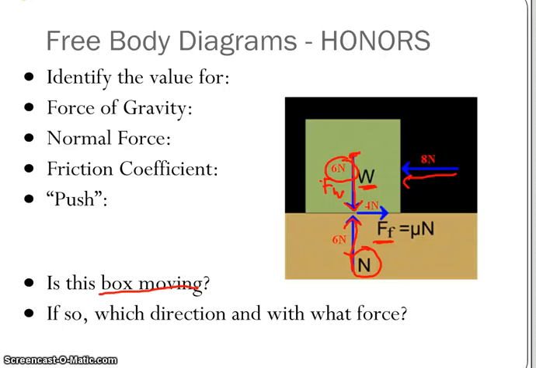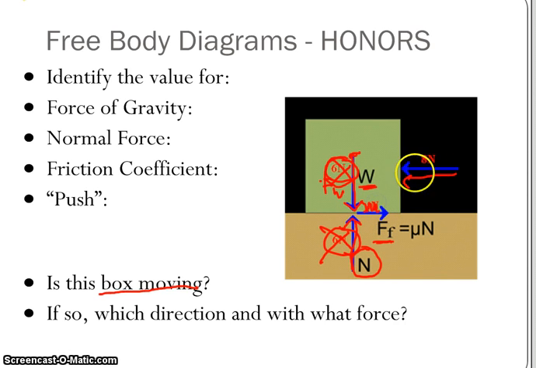Alright, if you've done that, you'll see that weight at 6 newtons and normal force at 6 newtons cancel each other out, especially considering the fact that they're going in perfect opposition of one another. Well, if we look at this force, we have 8 newtons to the left and we have 4 newtons to the right.